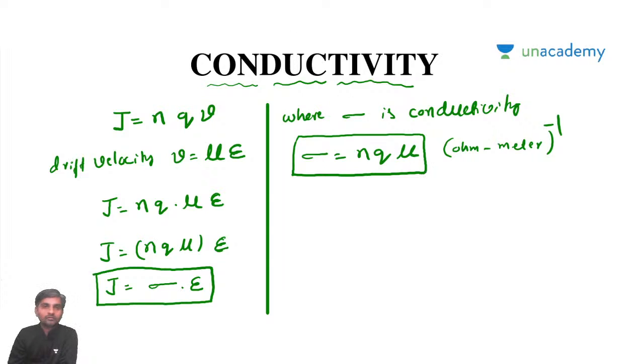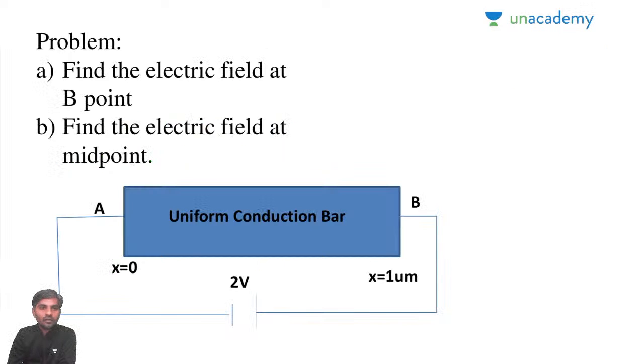Okay, now we have a problem here. Look at the problem. Very interesting problem. Find the electric field at point B, and find the electric field at the midpoint. So he is asking us to calculate two values.